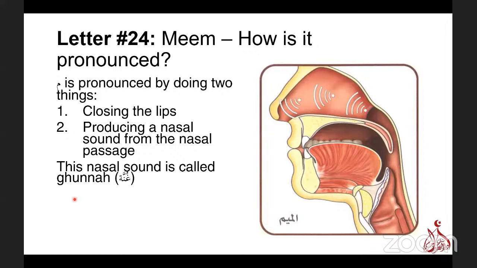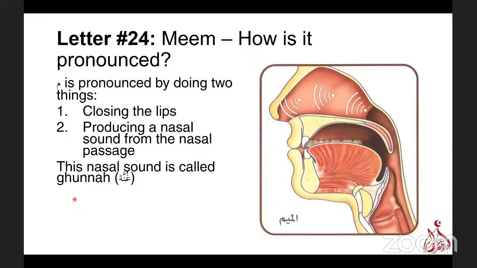So one thing to keep in mind is some people may misassume that ghunna is only talking about a situation when you hear people reading Quran going like something like tum or mil. No, ghunna is actually a part of two letters. Like it's always there no matter what.